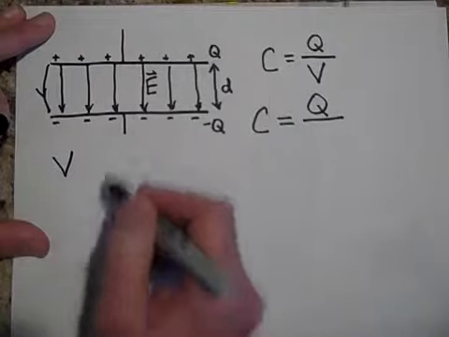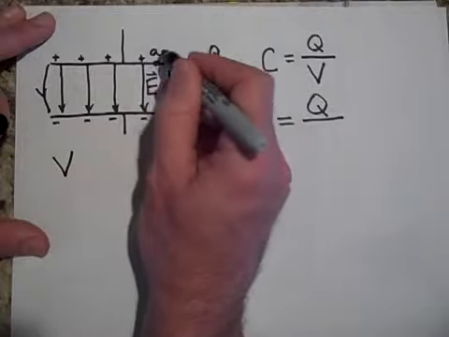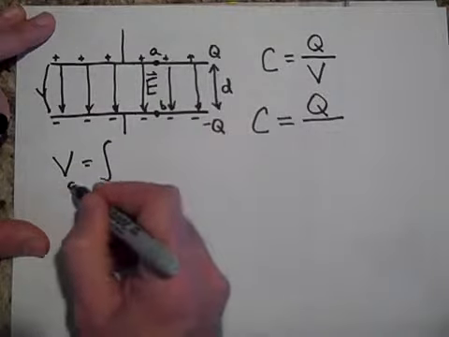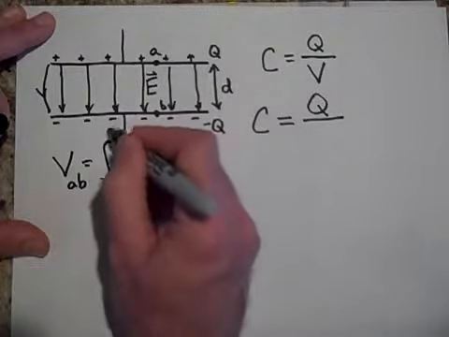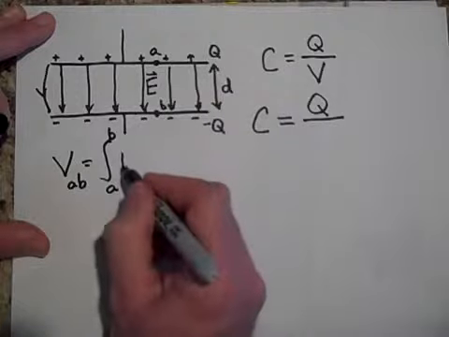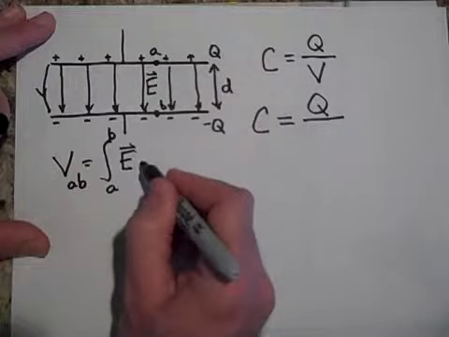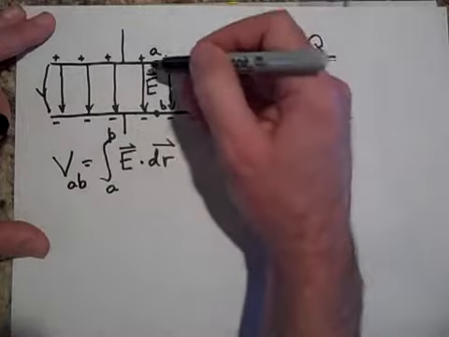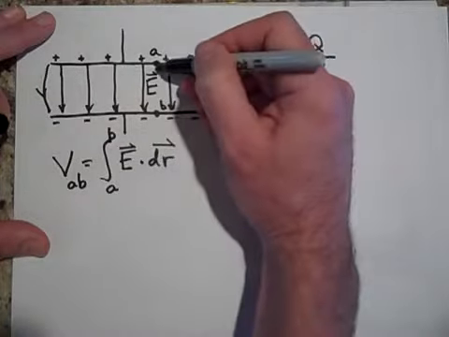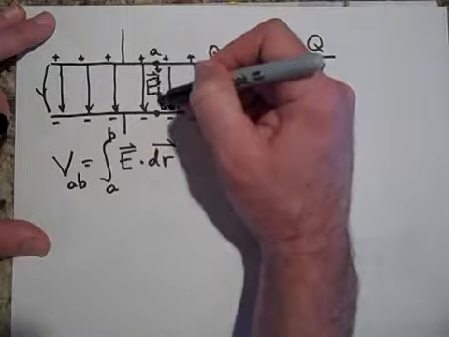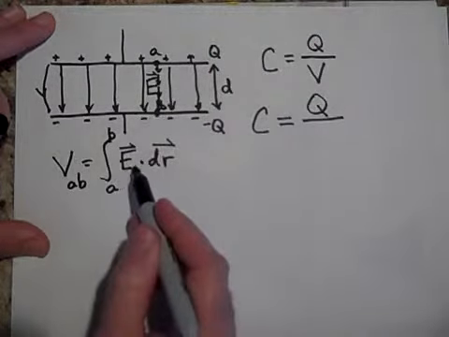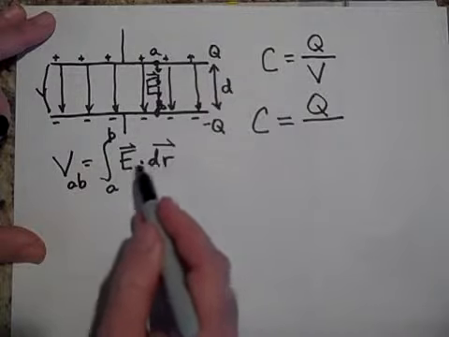The voltage, let's say at A with respect to B, we put the A there and the B there, it's equal to the integral of E dot dr. Okay, here are your drs. You're going from A to B, so there are your little drs, those little paths. And notice they're all in the same direction as E, so you can get rid of the dot product.